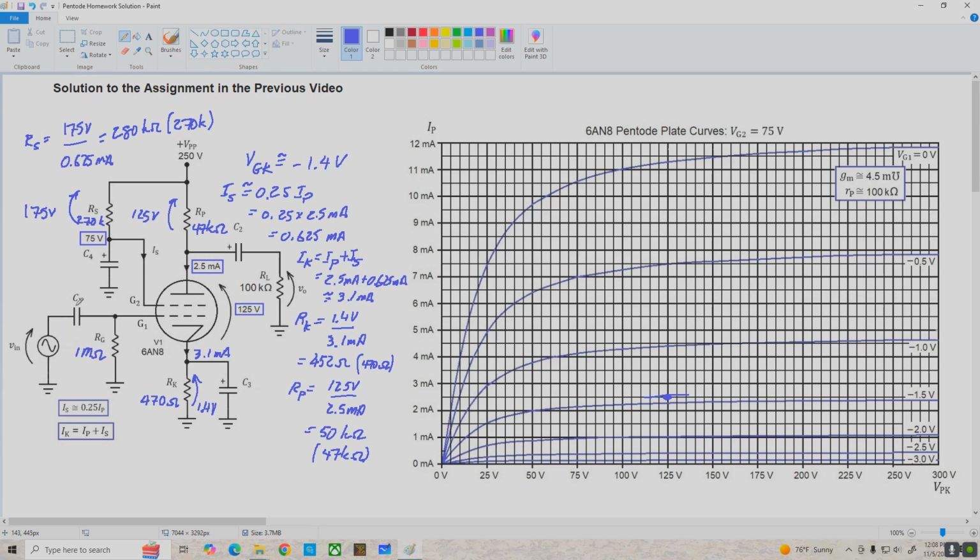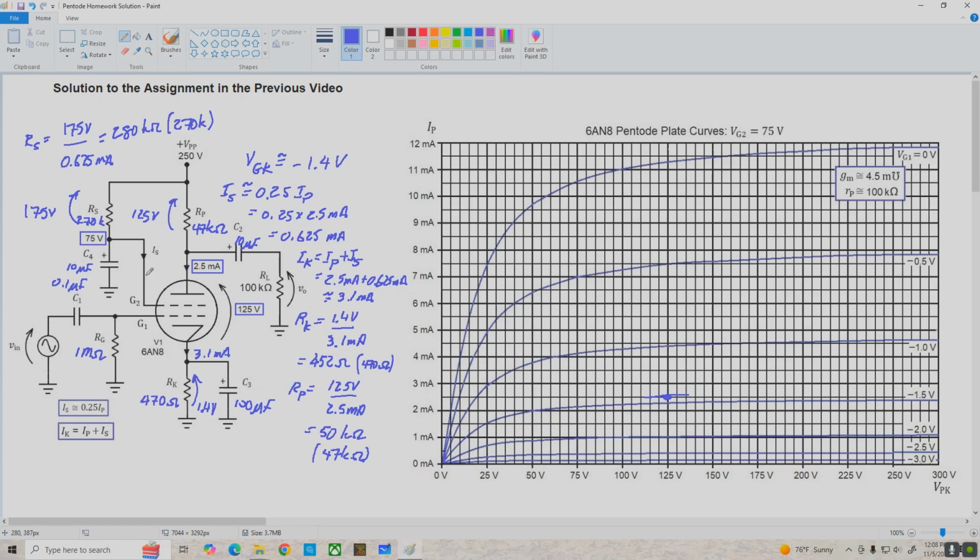For right now, we're going to set C1 equal to 0.1 microfarads, our cathode bypass cap 100 microfarads, our output coupling cap, let's make it 10 microfarads, and C4, we could use just about any value from around probably 0.1 microfarads up, but I'll just make it the same as C2. Let's just go with 10 microfarads. And there we go. There's our design.